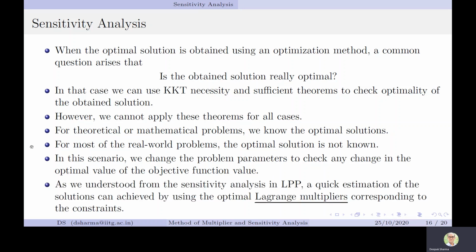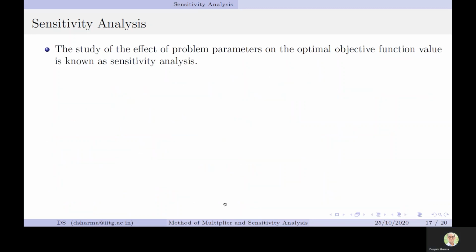So this is the overall aim of the sensitivity analysis. Now this sensitivity analysis we have already done with linear programming. So in LPP, a quick estimation of the solution can be achieved by using the Lagrangian multiplier corresponding to the constraint. So if we can find the Lagrangian multiplier in our case as well, then we can check whether the solution is optimum or not.